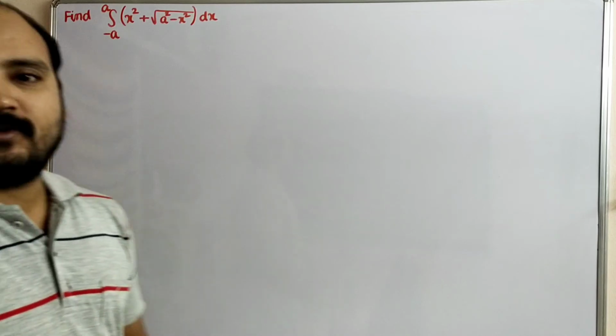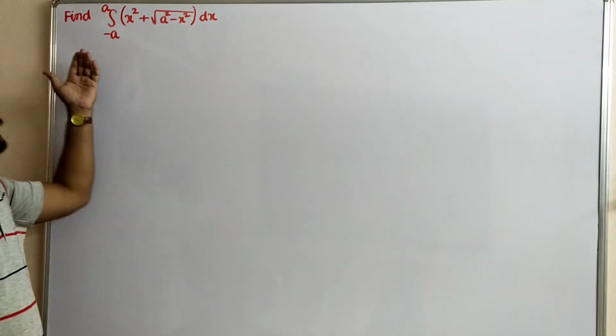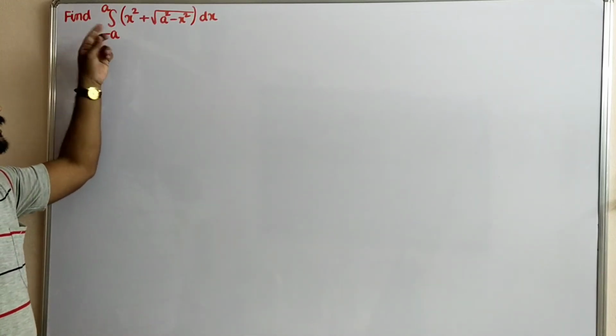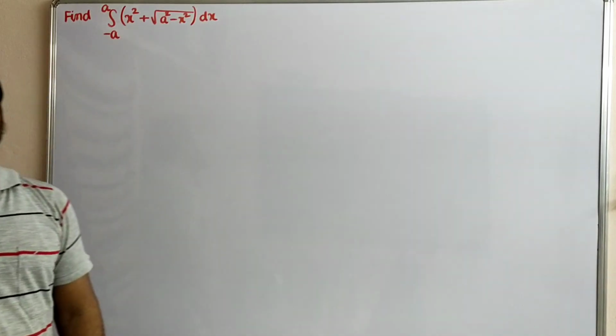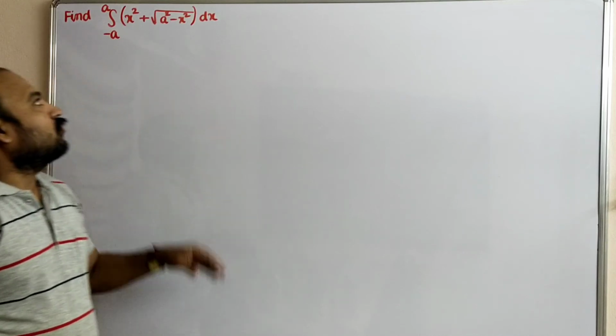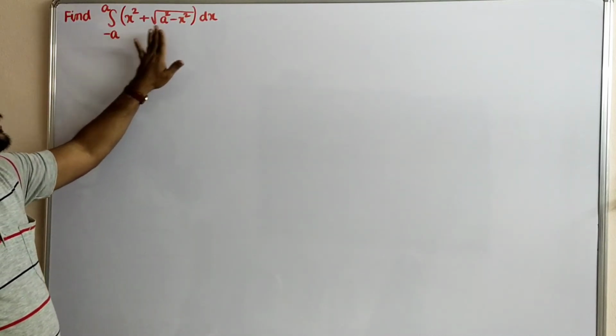The next question. Find integral minus a to a of x square plus square root of a square minus x square into dx. First, the given integral you have to split into two integrals.